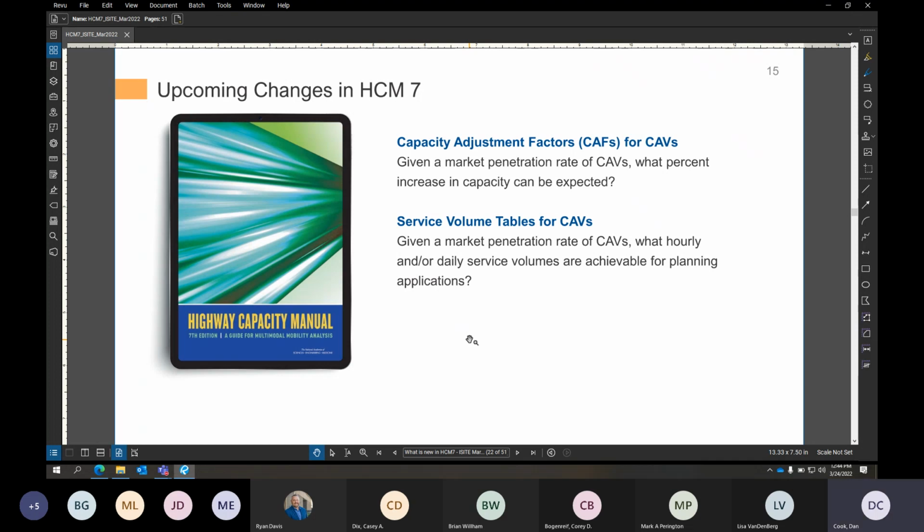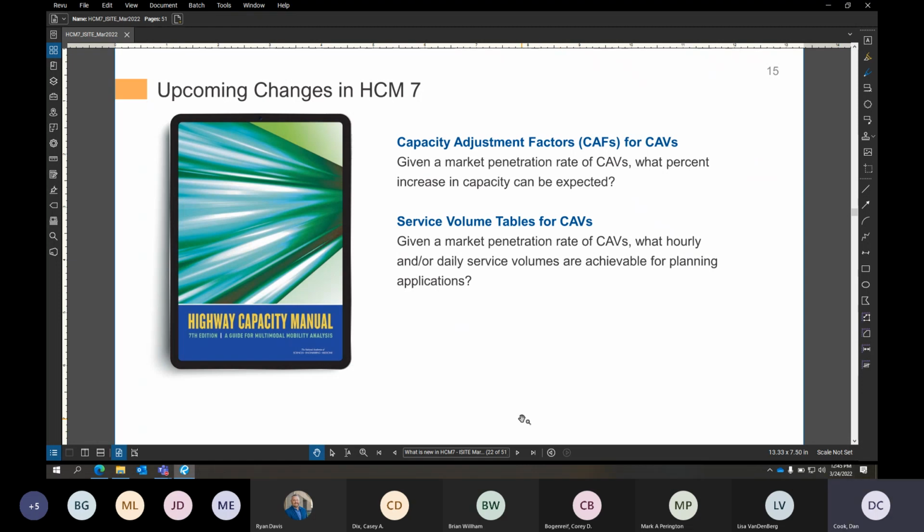And as time goes on, obviously we can expect that number to increase. How fast it's going to increase, I don't think we quite have a great idea on that. A lot of it is a factor of the automotive industry and the technologies they're producing. It's also a function of how fast the public buys those things as well.